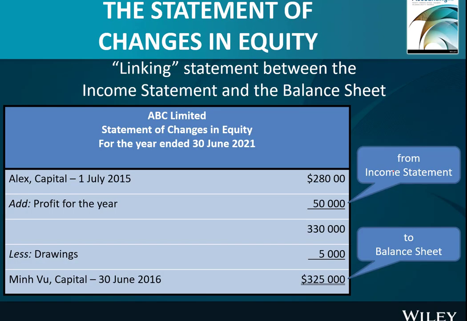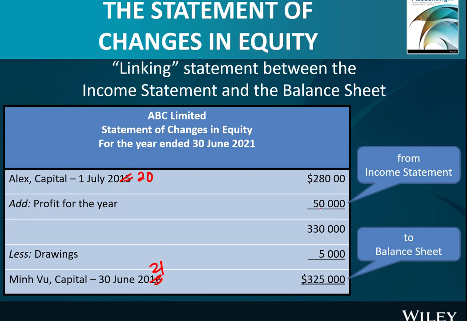The third statement is the statement of changes in equity, which links the income statement and the balance sheet. Previously, the capital is 280,000.